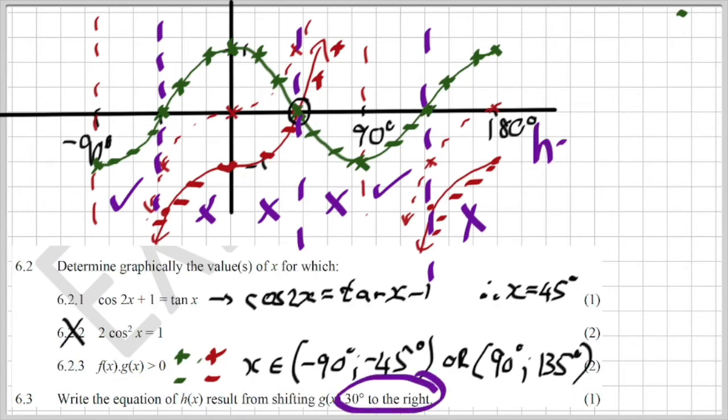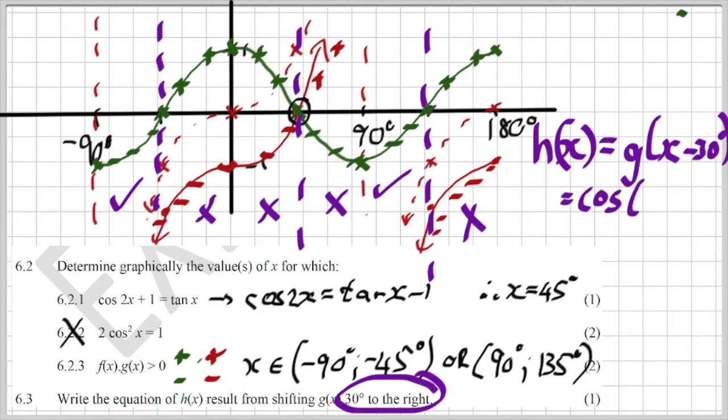So if I'm shifting g(x) to the right, remember, it means inside the x value, I'd say x minus 30. So in other words, g(x), which is cos of 2x, inside the x, it now becomes x minus 30 degrees.